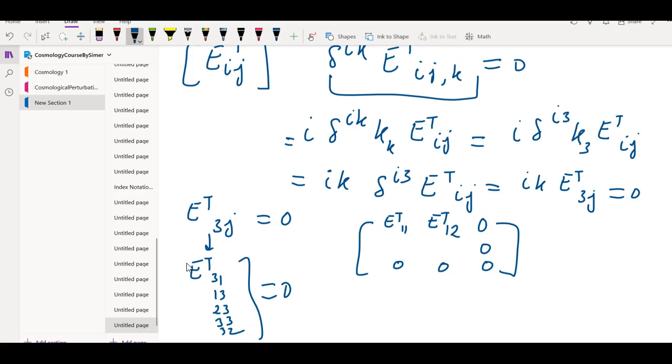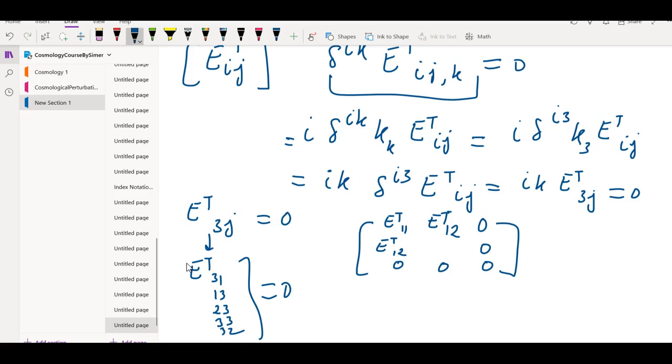And we have ET11, we have ET12, and this is also ET12 because the metric is symmetrical. So instead of 2, 1, I can call it 1, 2 because they are symmetric.